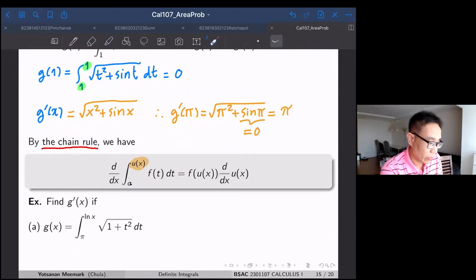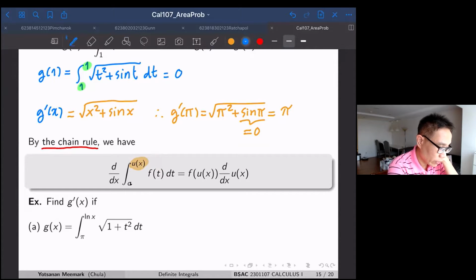The way the chain rule works is that the result is just the derivative, and you plug in u(x) instead of t. So you put u(x) in the place of t, and you also put u(x) in the place of t here. You didn't see this one before because d/dx of x is 1.